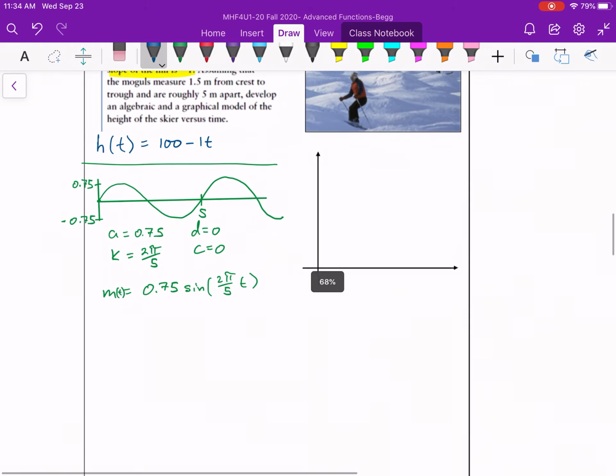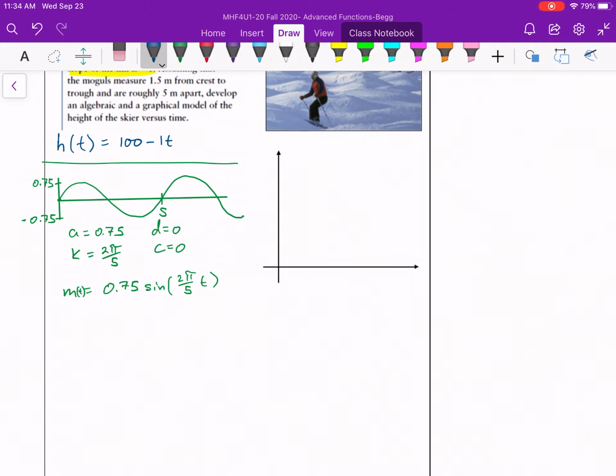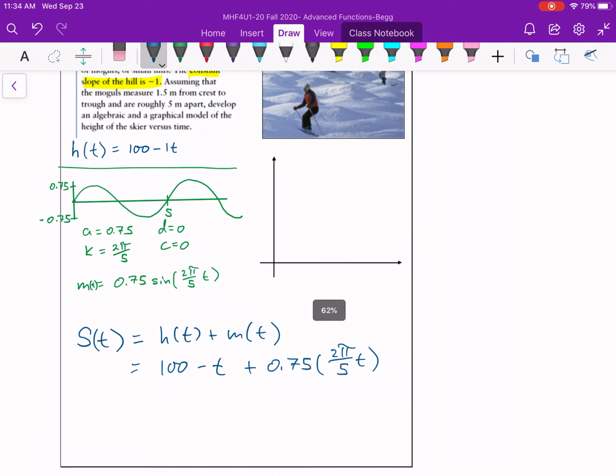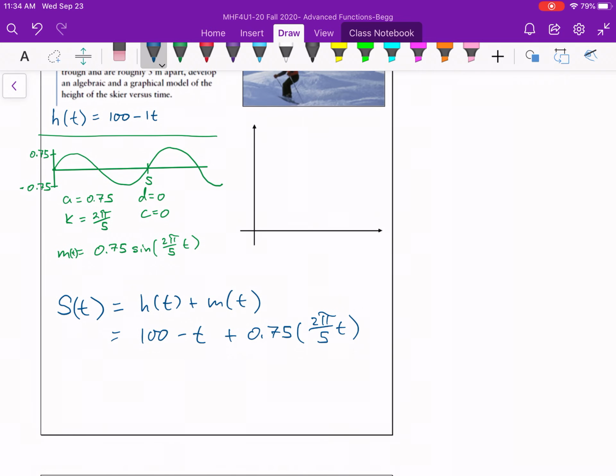Well, the combined function, I'm going to just call this one S for ski, at t, is going to equal the two things going on, so the slope of the hill plus the moguls over time, which would then give us 100 minus t plus 0.75 sine 2 pi over 5 t. Let's graph it and see what magic happens.